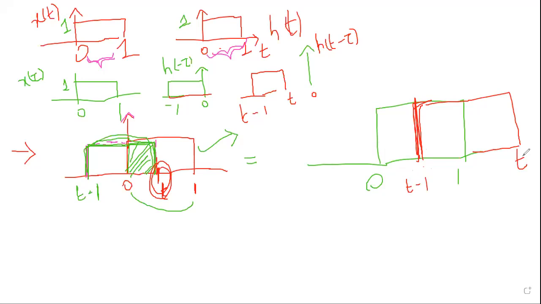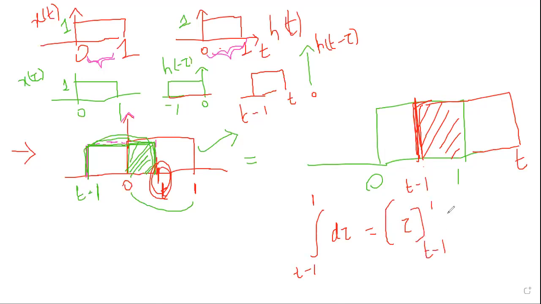Now here the overlapping is, I can write t minus 1 to 1 d tau, because amplitudes are 1 and 1 only. So tau, we substitute the limit t minus 1 to 1.